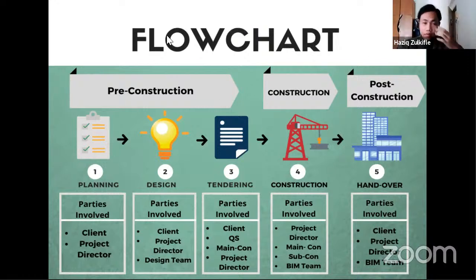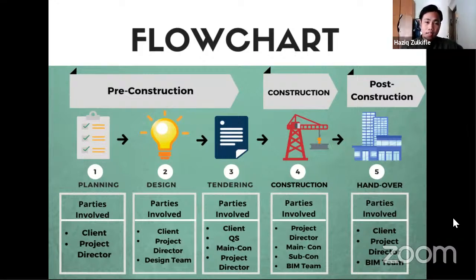Assalamualaikum and good afternoon to everyone. So this is the flowchart of the project, which we can divide into three main stages of work: pre-construction, construction, and post-construction. During pre-construction, there are three phases of work: planning, design, and tendering. In the planning phase, the parties involved are the client and project director.